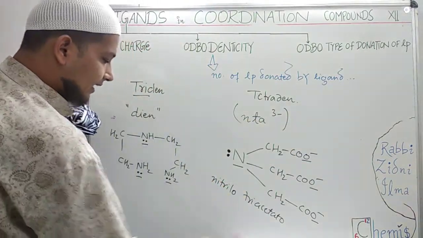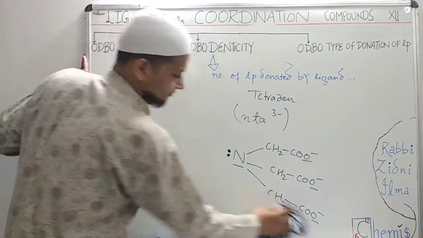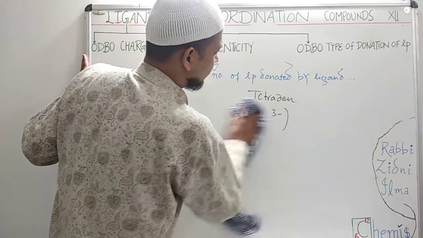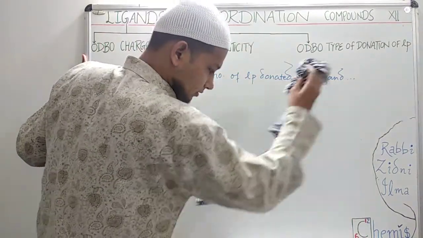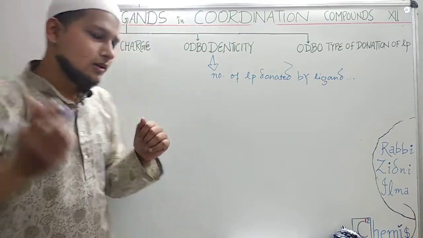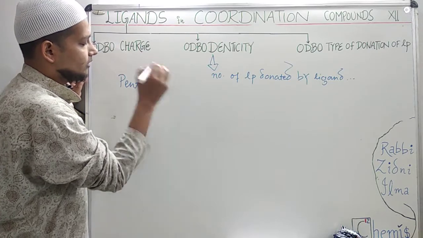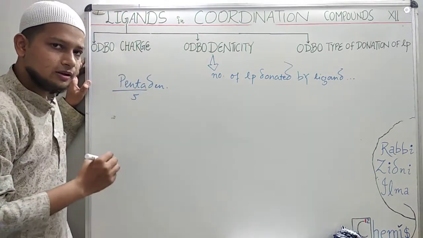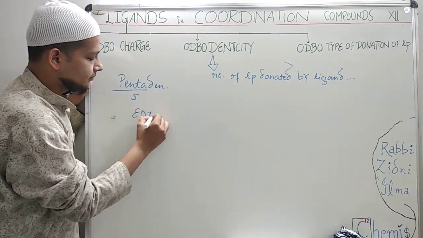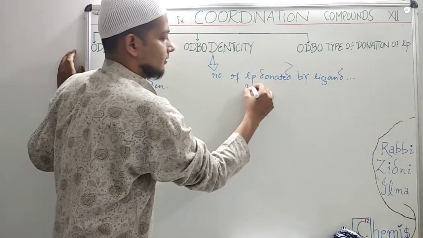Moving on to pentadentate and hexadentate. Penta is not the best for the examiner, but hexa, that is an important one. Now look here, we have pentadentate. Penta means 5. The example is EDTA 3-. Hexadentate.